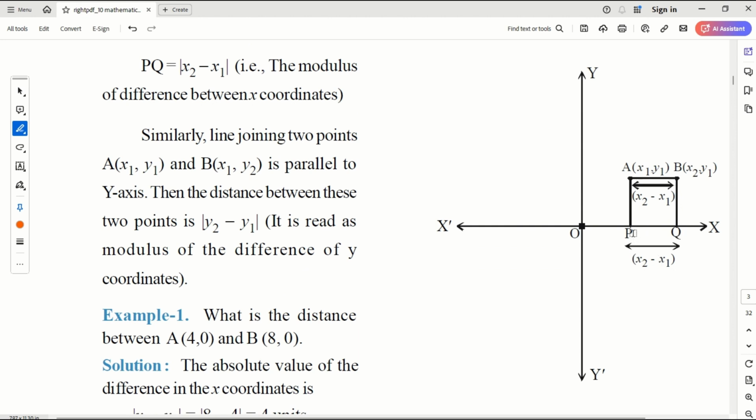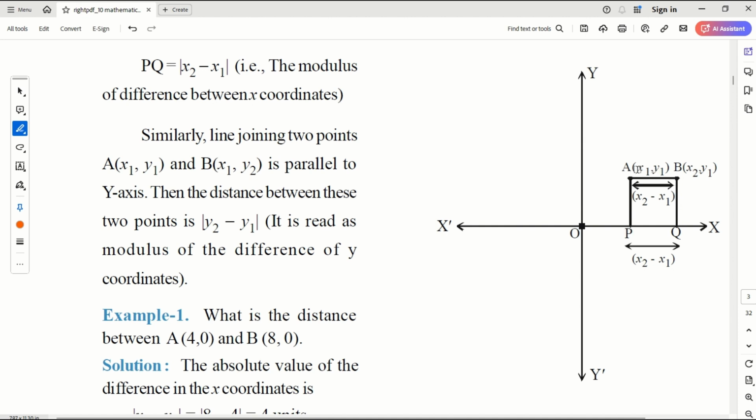If you draw perpendicular lines from those points to the x-axis, they are at P and Q. Correct? P is x1 comma 0, Q is x2 comma 0. So the difference between them, just as we did before, is the difference in x coordinates, that is x2 minus x1.